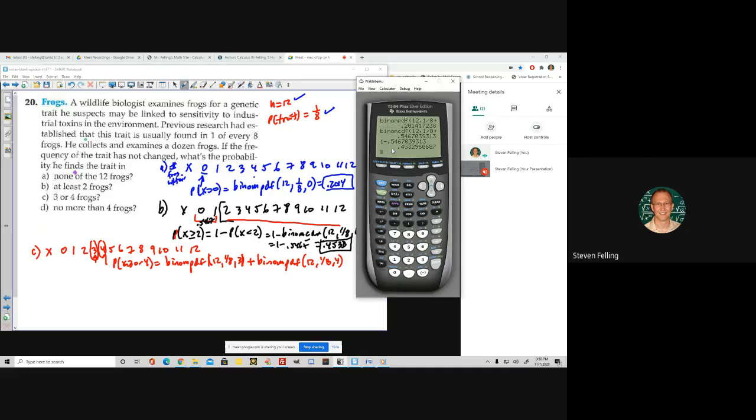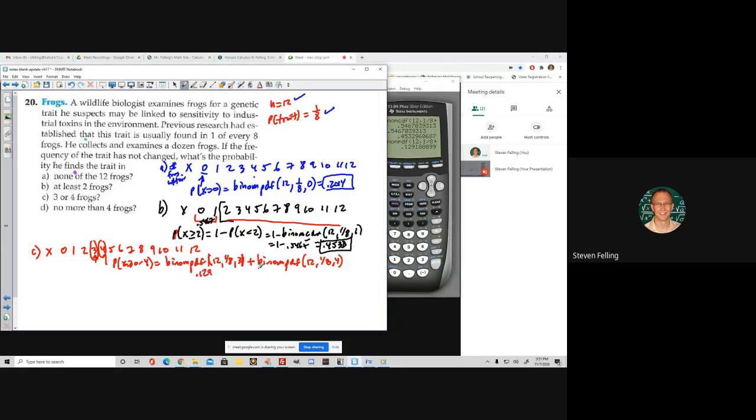So let me just do that all together here on the line. Binomial PDF, 12 frogs, 1/8 chance, 3. That one is 0.1292 approximately.